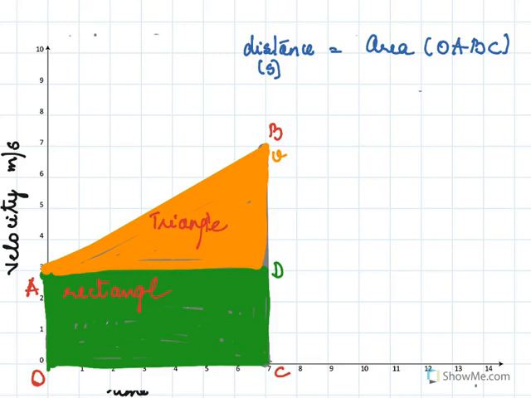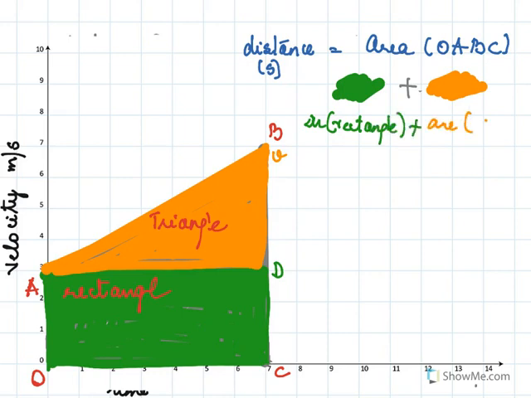So the area of this entire figure will be this area in green plus this area, so the area of OABC is the area of a rectangle plus the area of a triangle.